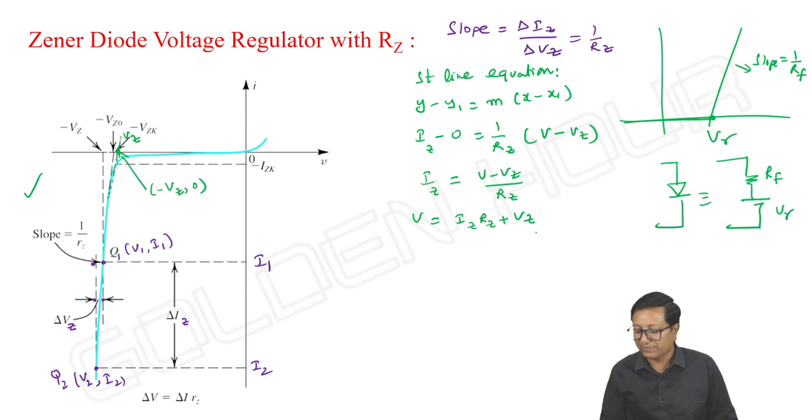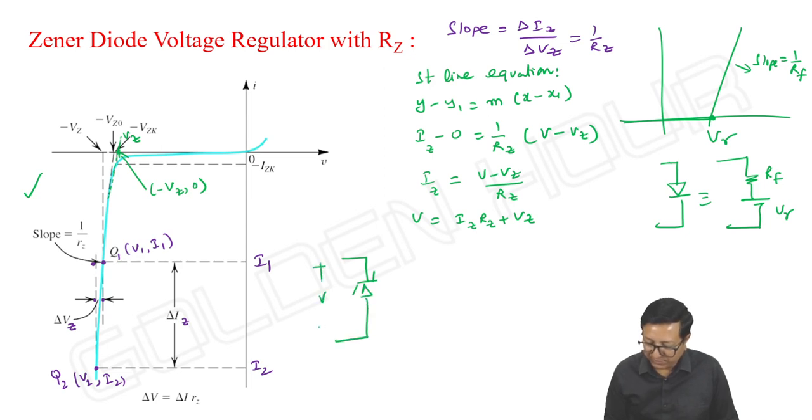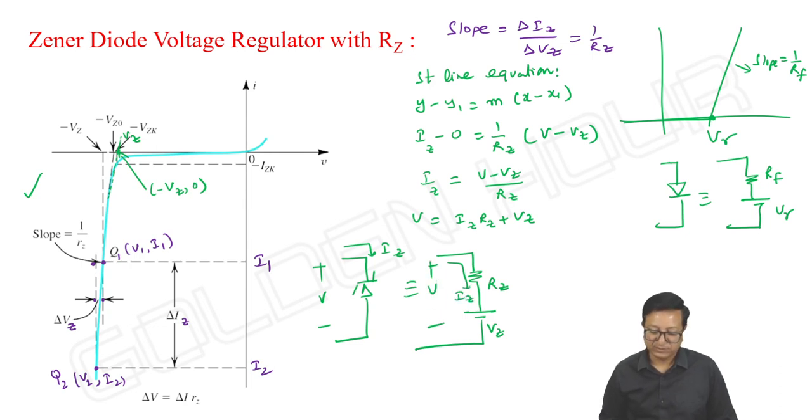V is equal to Iz into Rz plus Vz, which means wherever we have this Zener diode, instead of Vz I'm writing V and this current is Iz, then its equivalent circuit is like Vz, Rz, Iz and V. Like this we can write.